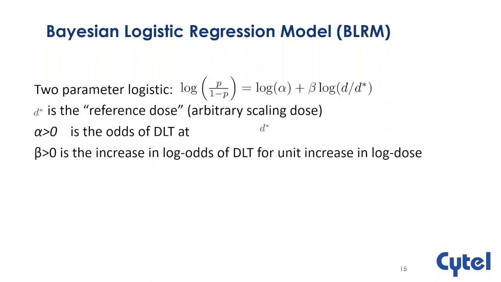The authors of the original paper, Neuenschwander et al., introduced also a reference dose, which allows you to calibrate the values of these parameters and to view the intercept term as the odds of the dose-limiting toxicity at that reference dose, while the slope term is viewed as an increase in the log odds of a DLT for a unit increase in the log dose.